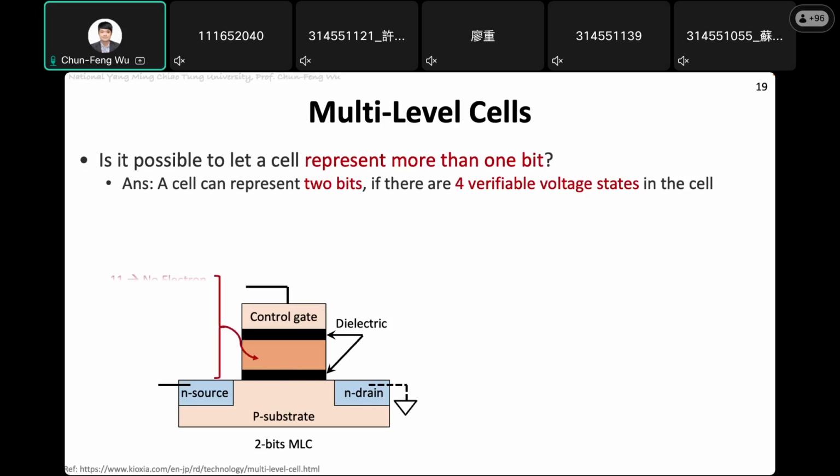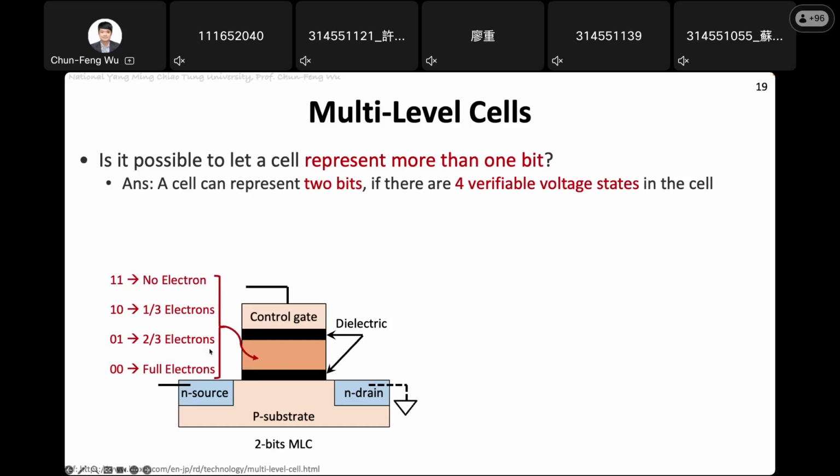It should be like this. If this is 1, 1, then the same, no electron. If this is 0, 0, then there are 4 electrons. But if you are going to differentiate 1, 0 and 0, 1, then you will need 1/3 electrons and 2/3 electrons. Because you are going to control the electrons inside the floating gate in a more sophisticated way, you need a different way to do the programming.